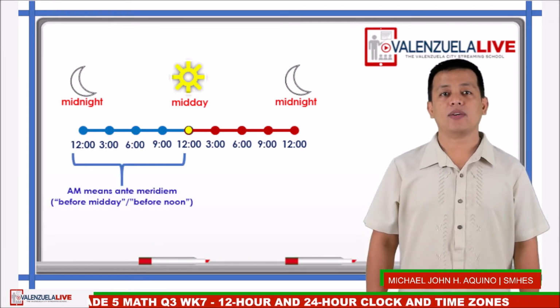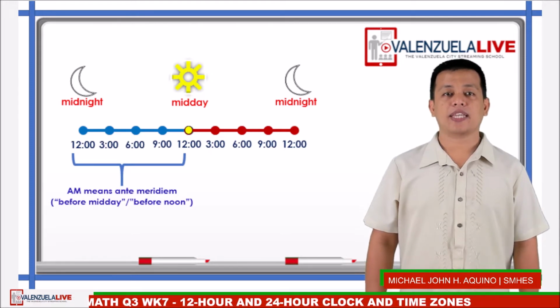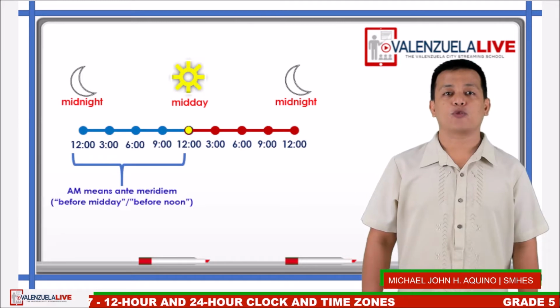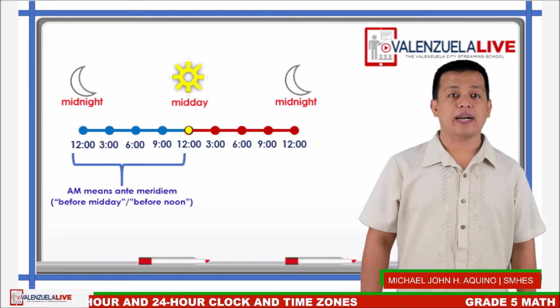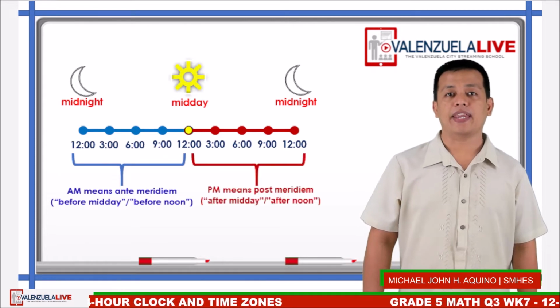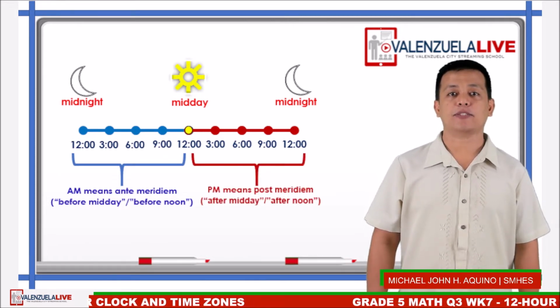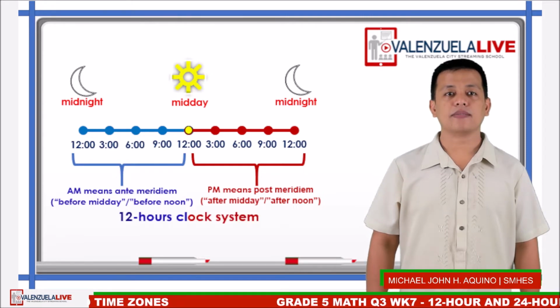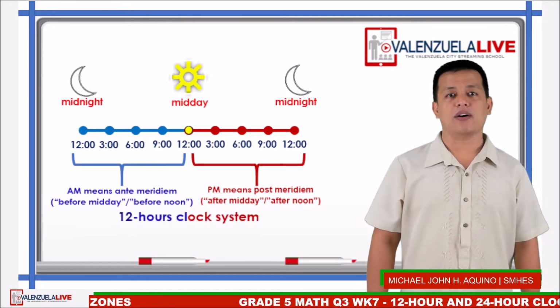The day is divided into two parts. We have the AM, which means antemeridium. The next is the PM, which means postmeridium. That is the 12-hour clock system.